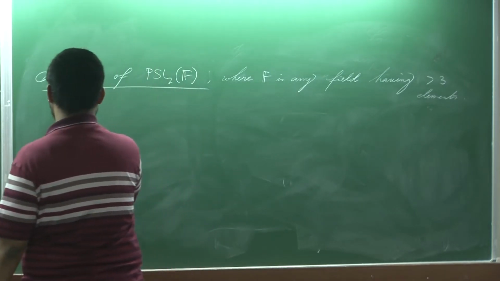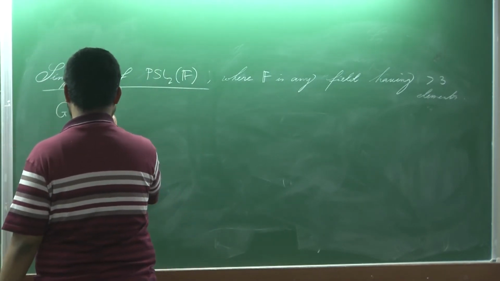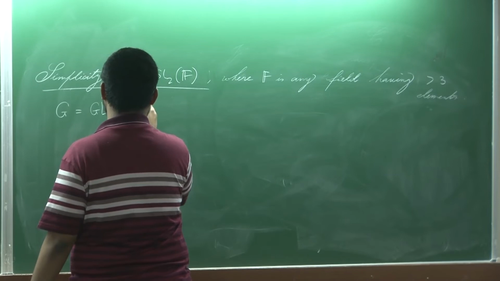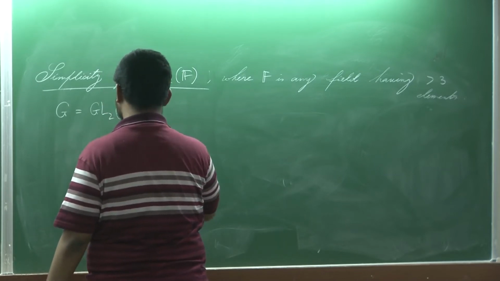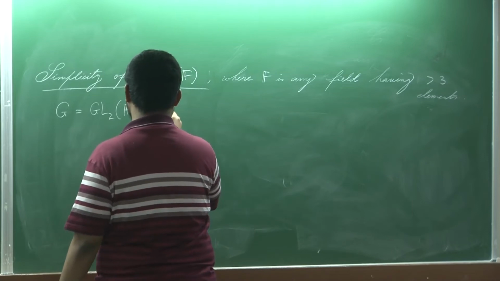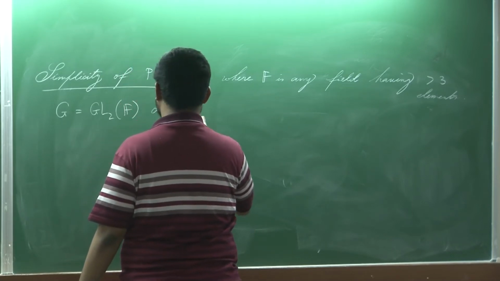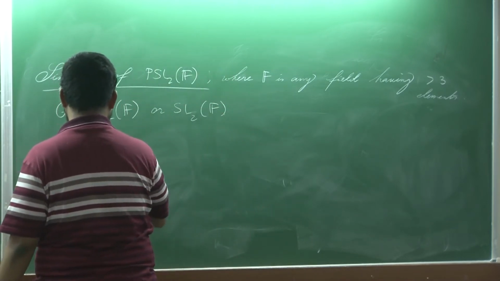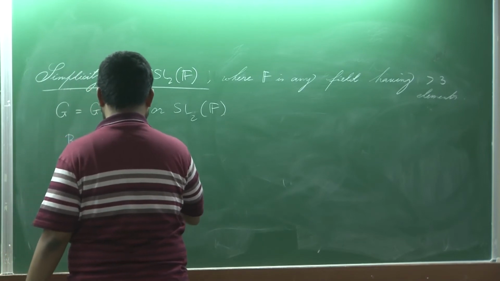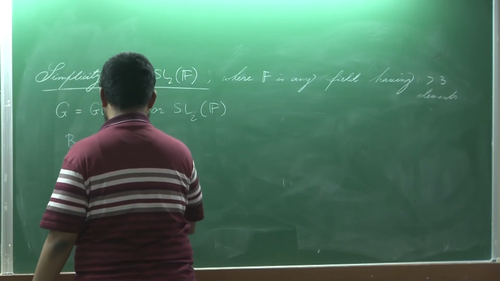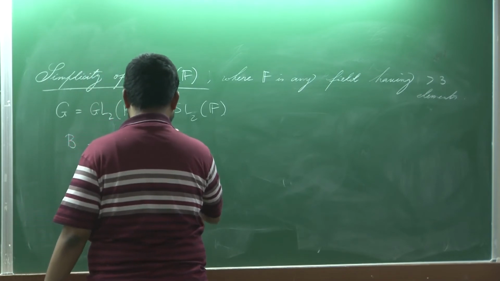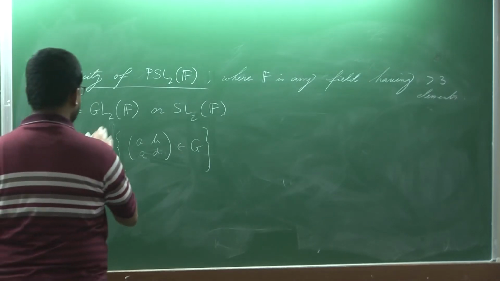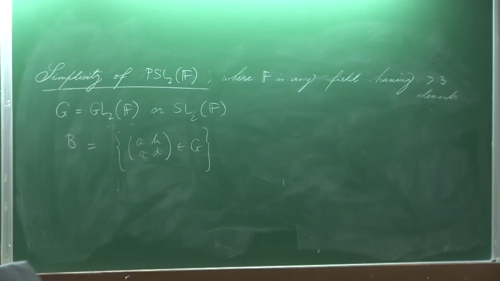All right. So recall that from now onwards we let G stand for GL2(F) or SL2(F). So recall that the Borel subgroup B is the matrices (A B; 0 D) belonging to G. That is, if G is GL2 then it is just upper triangular invertible matrices.